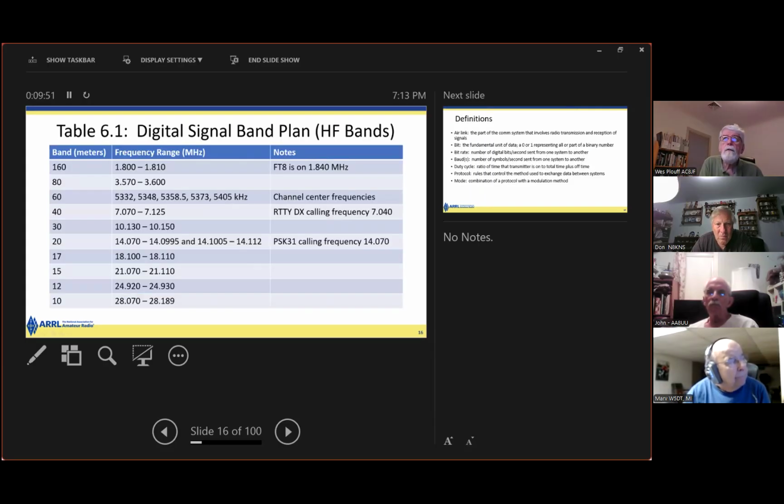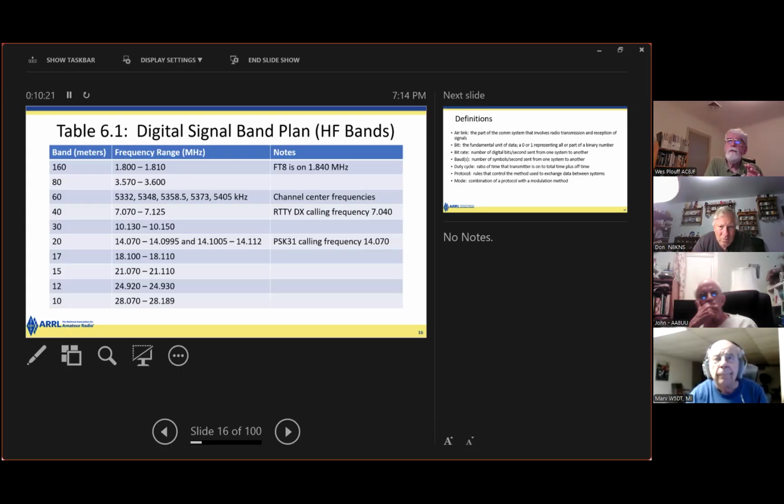I want to talk... Oh, here we go. So this is a little bit out of order, I guess. The digital signal band plan. You can see that for most of these, for instance, 80 meters, 40 meters, and so forth, digital mode signals are in the segment of the band that is specified for CW and data, but near the top of that segment.